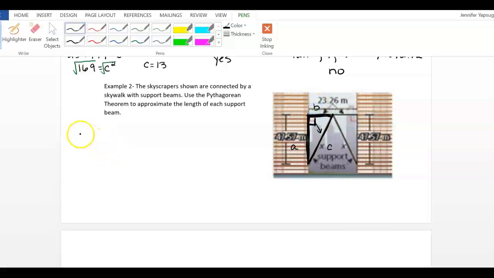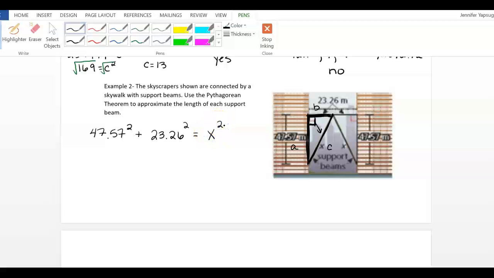So we're going to say a squared, so that's 47.57 squared, plus side B is 23.26 squared, has to be equal to c squared, which is x in this case.